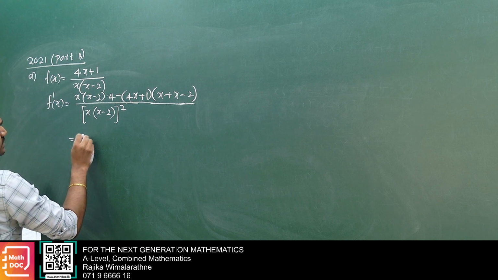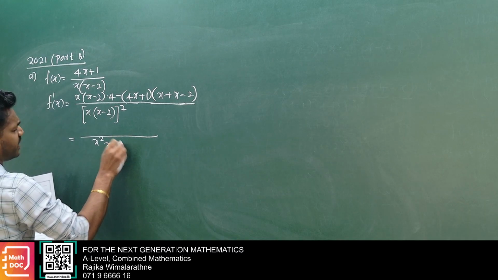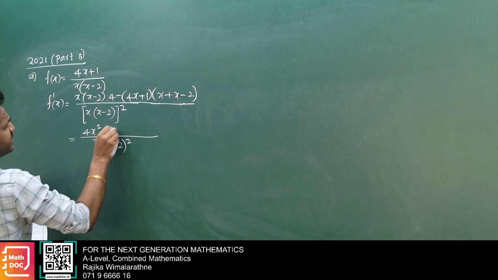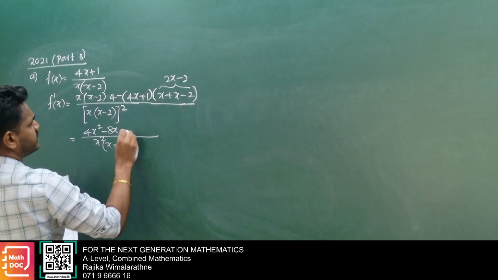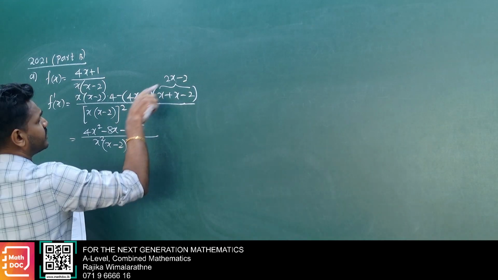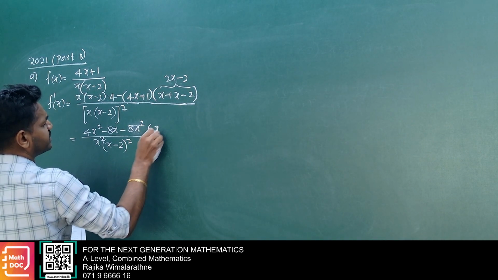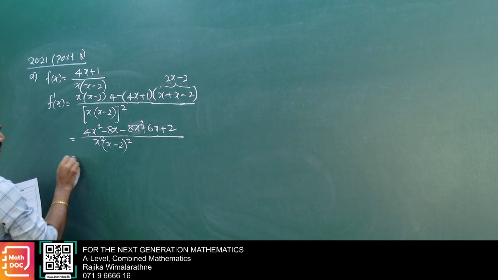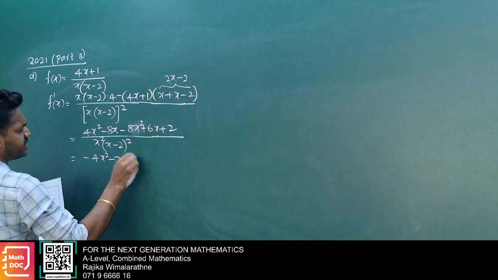Now simplify. The denominator is x squared (x minus 2) squared. In the numerator, 4x squared minus 8x, minus (8x squared...), 2x, 8x, 6x, plus 6x, plus 2. Then minus 4x squared minus 2x plus 2.